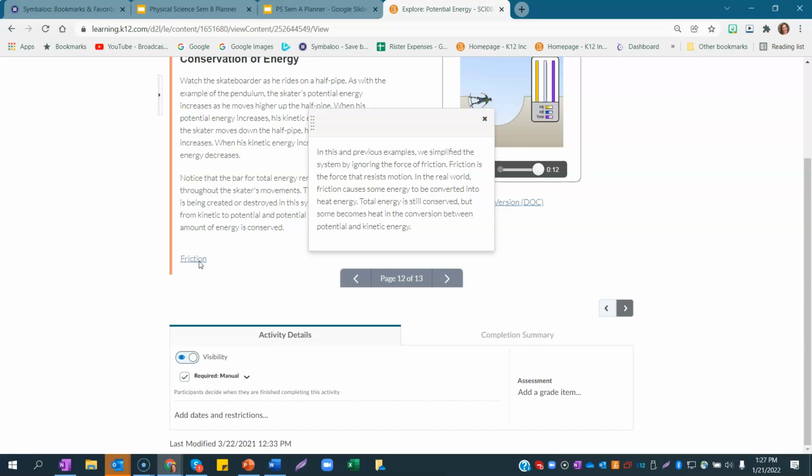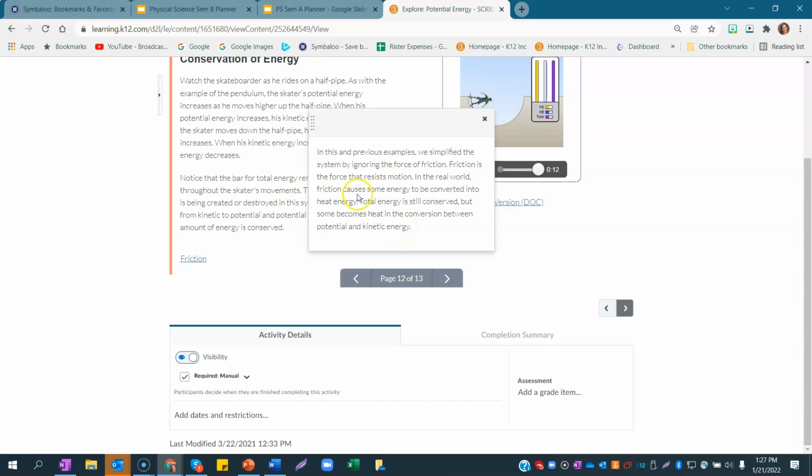In the real world, friction causes some energy to be converted into heat energy. So energy is going to be lost to heat, right? Total energy is still conserved, but some becomes heat in the conversion between potential and kinetic.